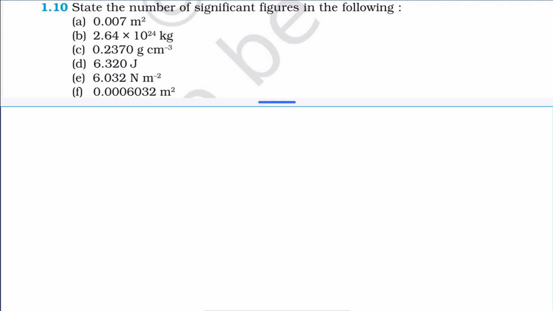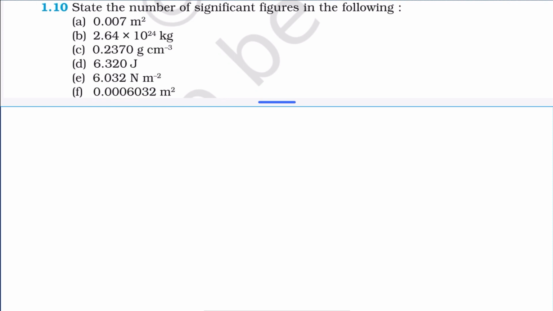All the zeros from the left side, until you get a non-zero number, I am calling left-sided zeros. All the left-sided zeros, irrespective of whether the number has a decimal digit or not, should be ignored.